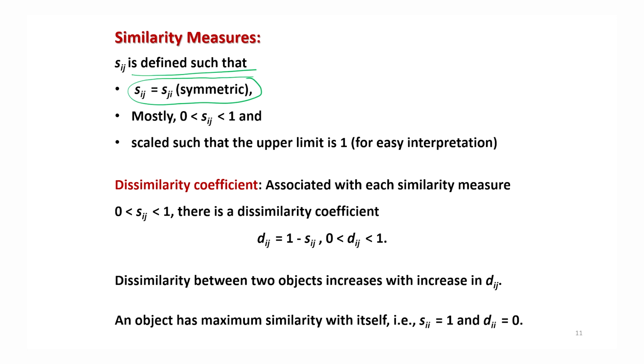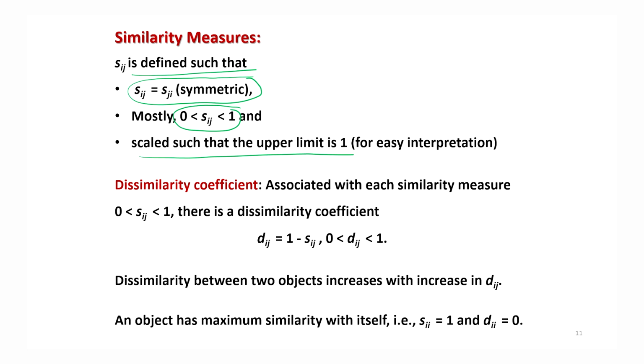Mostly it is convenient for us to understand the value of Sij if it is a bounded function, and it is more convenient if it lies between 0 and 1. Otherwise, it can take any other value, but it is easier to compare values which lie between 0 and 1. So we prefer a similarity coefficient which takes values between 0 and 1, and it is scaled such that the upper limit is always 1.